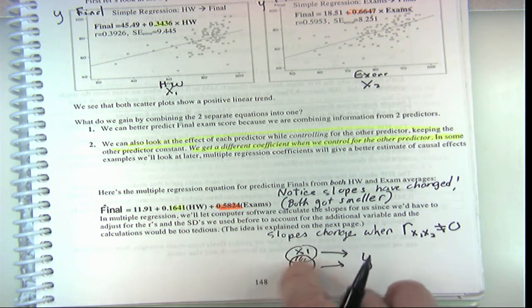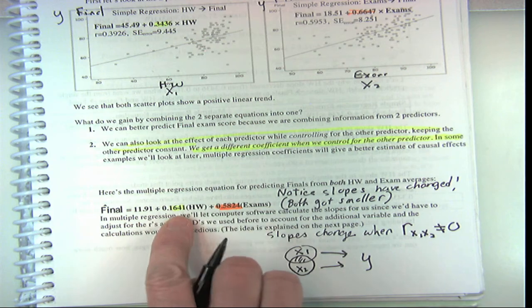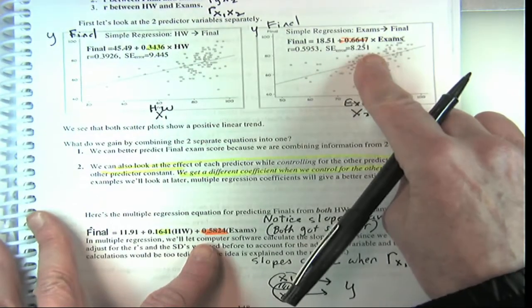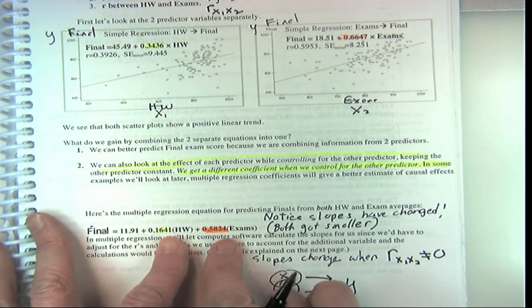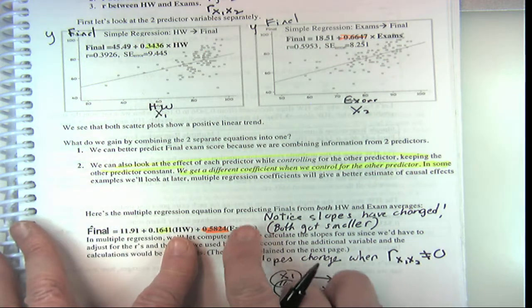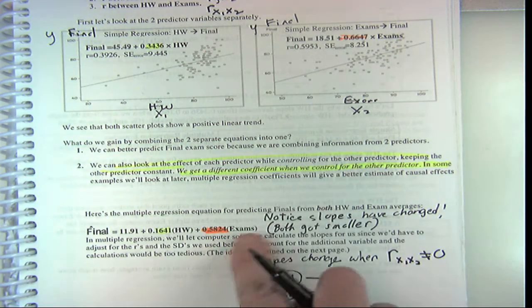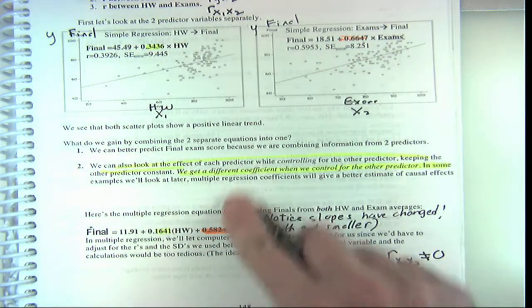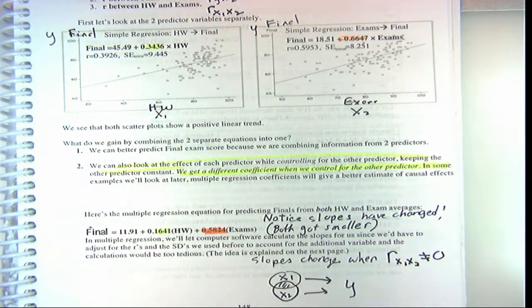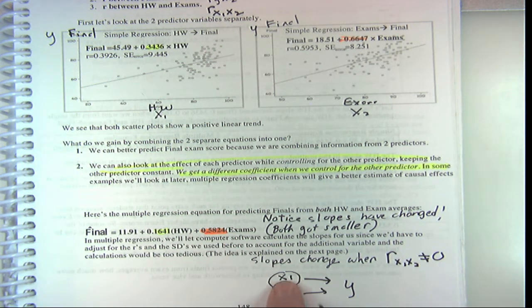These are actually called the partial slopes. These are the part of the slope for homework and the part of the exam that quantifies the effect of these variables on y after controlling for each other. So after you've put exams in the model, how much more does homework help, and vice versa. So these are called partial slopes, and you can see that's why they change.